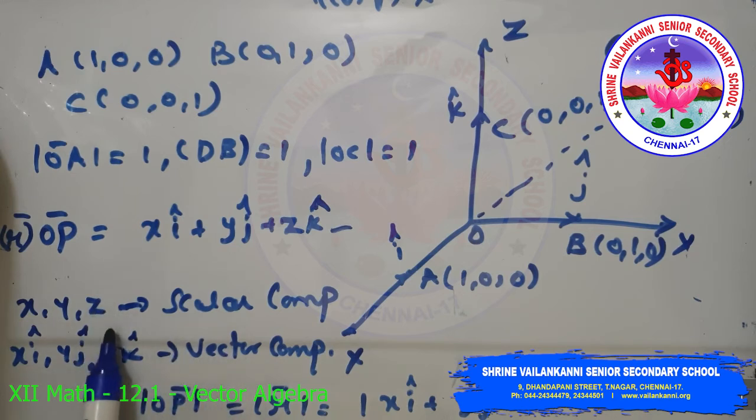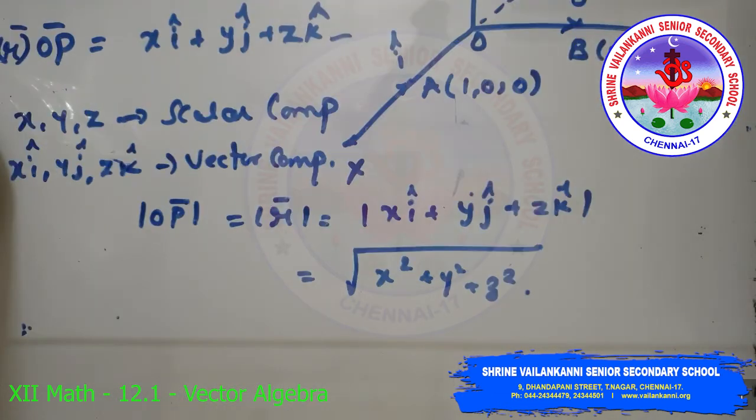Here x, y and z are called scalar components of r, and xi, yj and zk are called the vector components of r. The length of a vector r equal to xi plus yj plus zk is given by magnitude of r equal to magnitude of xi plus yj plus zk, which is equal to root of x square plus y square plus z square.